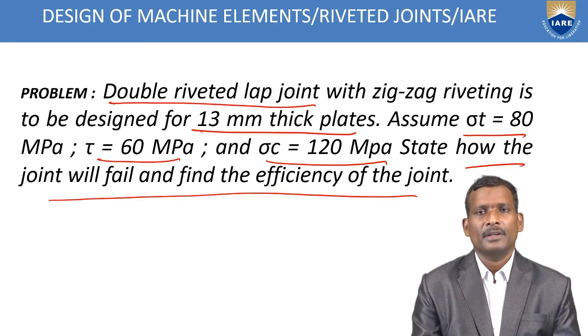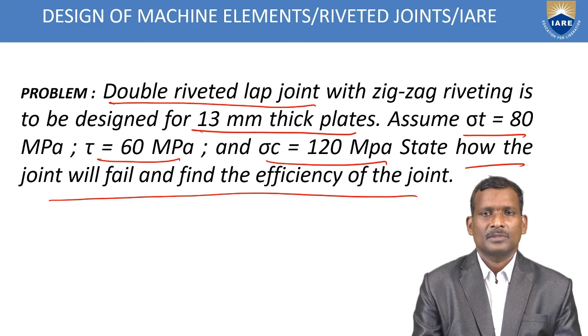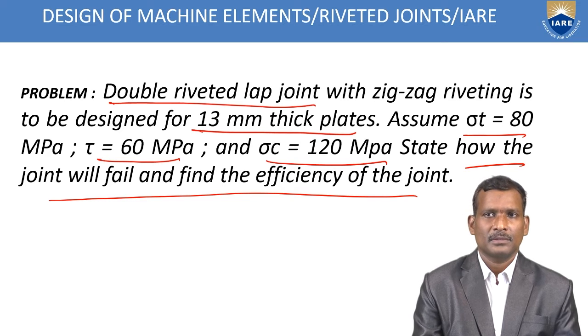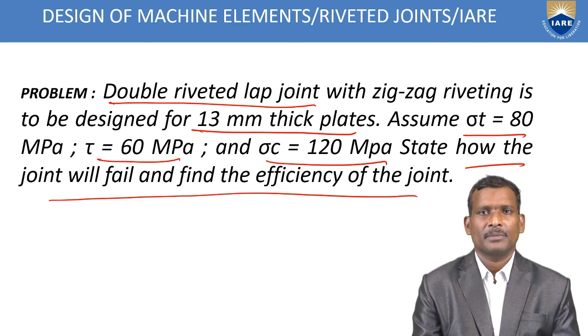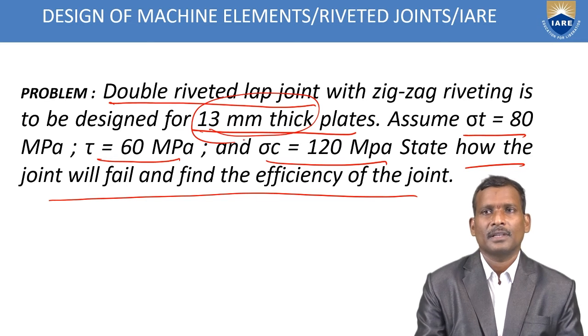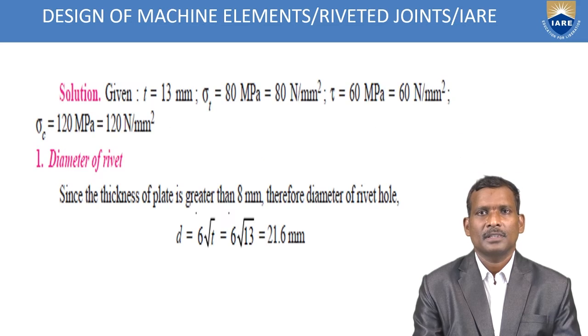So how will the joint fail? Which type of failure will occur when it is subjected to 80 megapascal tensile, shear 60 and sigma C 120 megapascal? The thickness of the plate is 13 mm. So now we will see the solution.